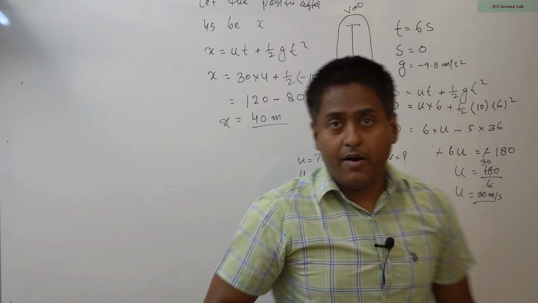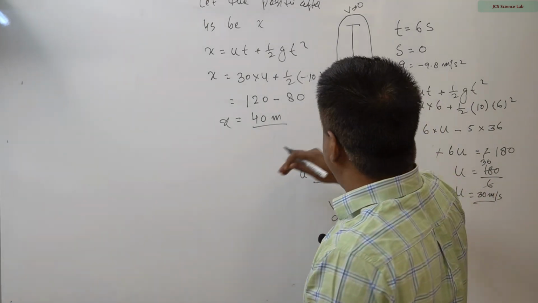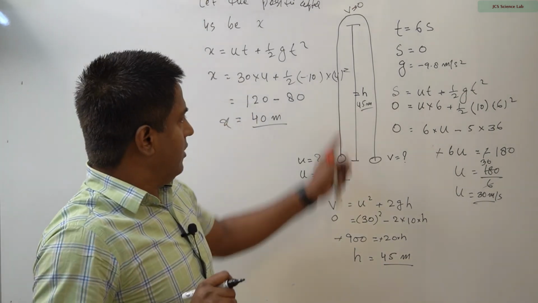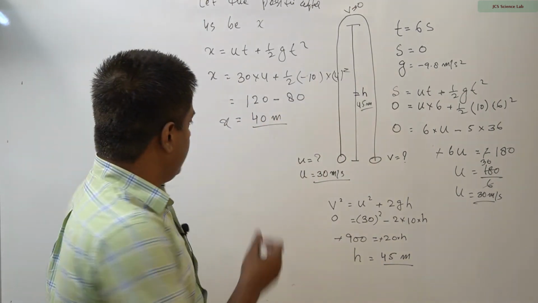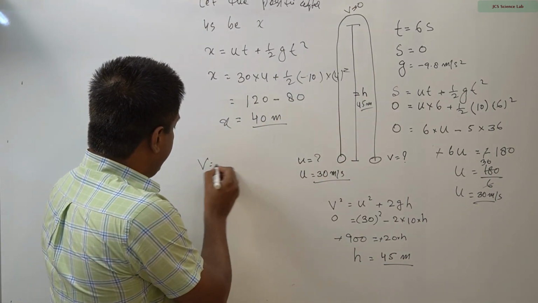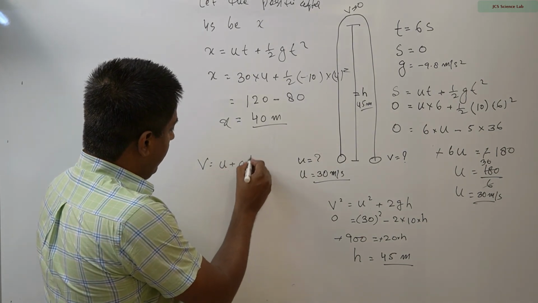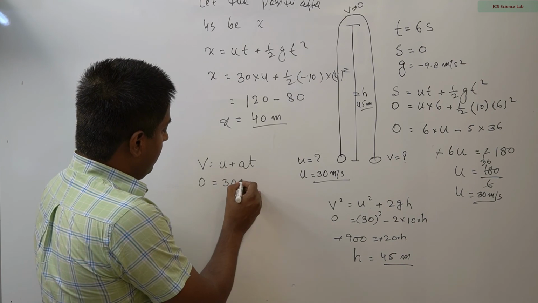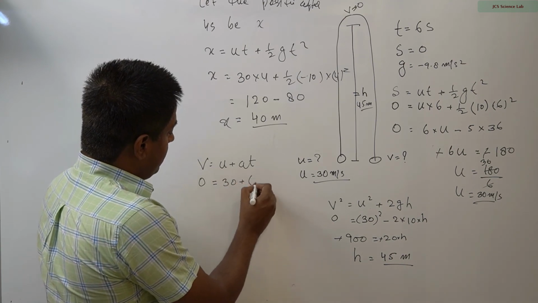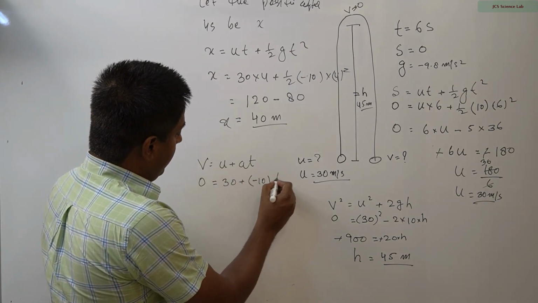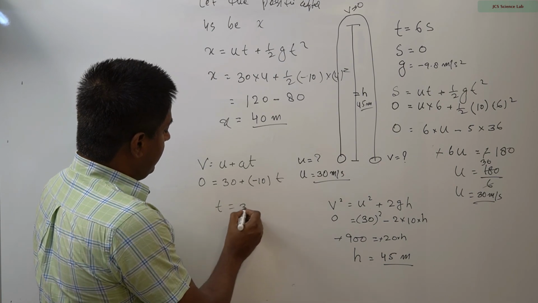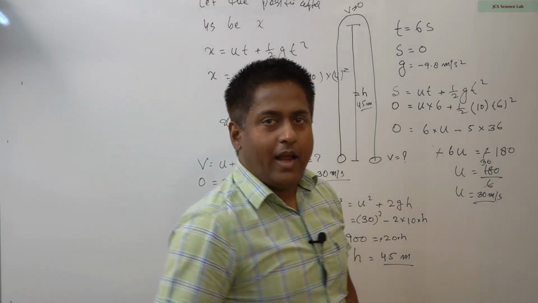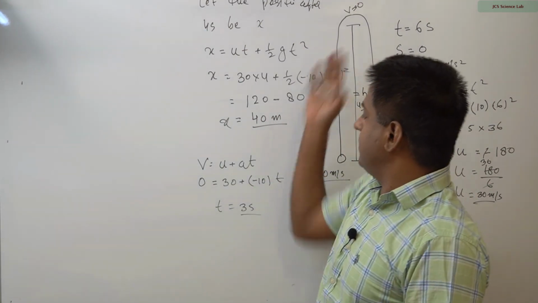So for the position after 4 seconds, we also calculate the time to reach the highest position. v is equal to u plus a into t. v is 0 at the highest position, u is 30 and minus 10 into t. So t is equal to 3 seconds. Very easy. The time to reach the highest position is 3 seconds.